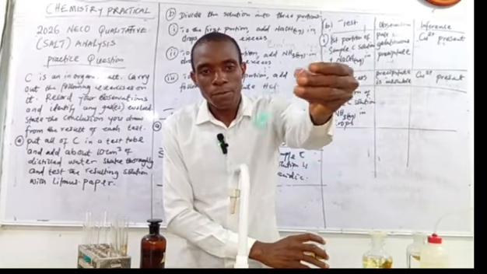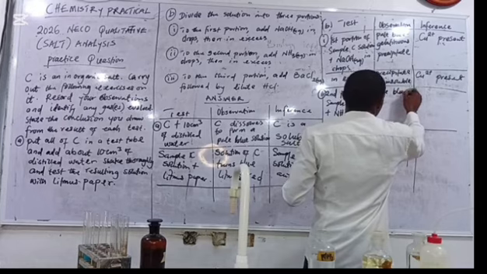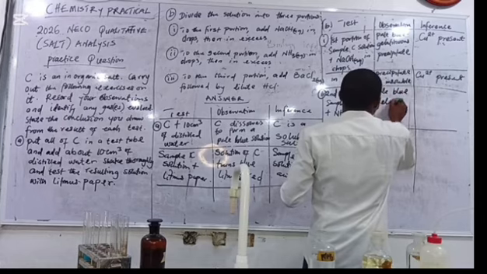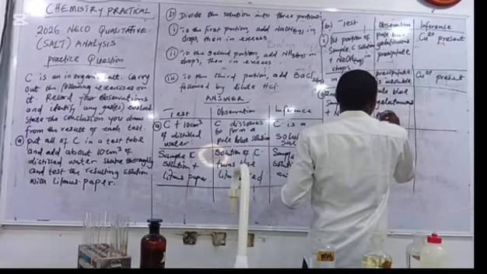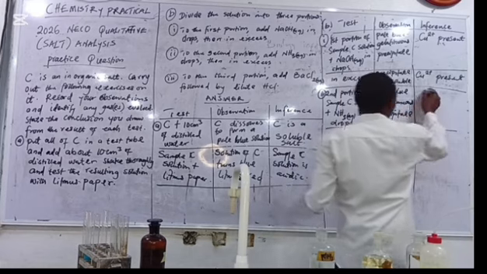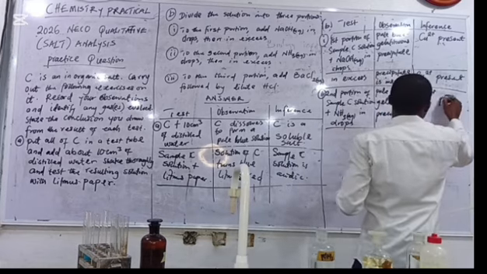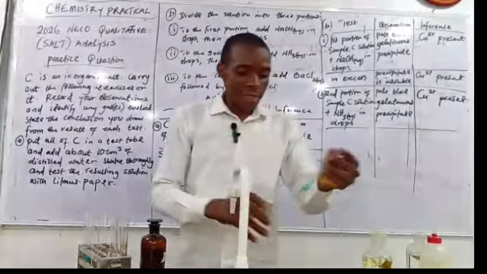That's a pale blue gelatinous precipitate. That is Cu2 plus present. So let's add it in excess.